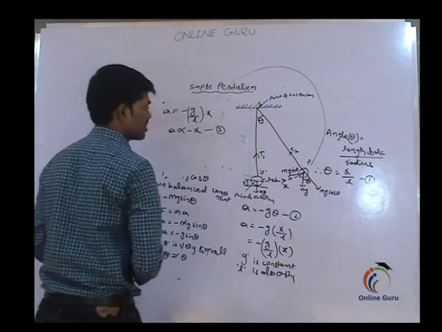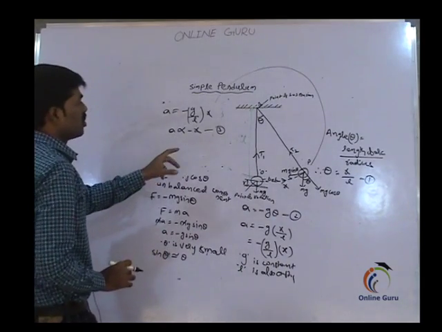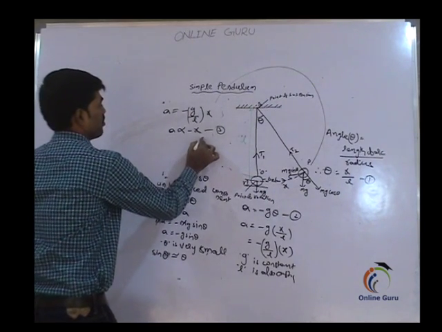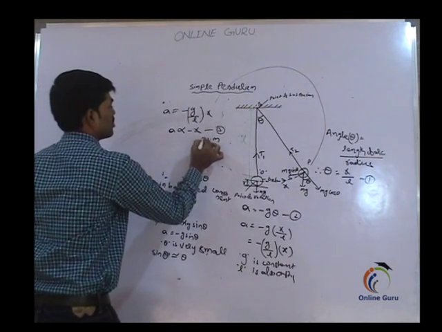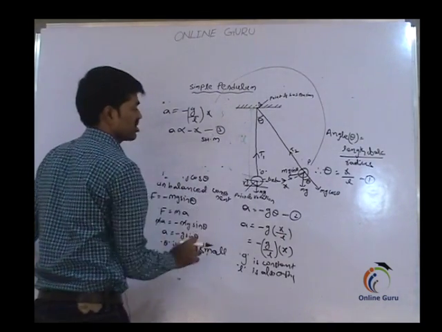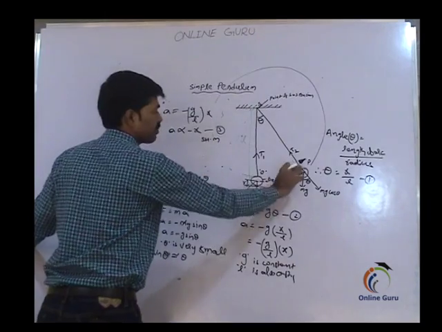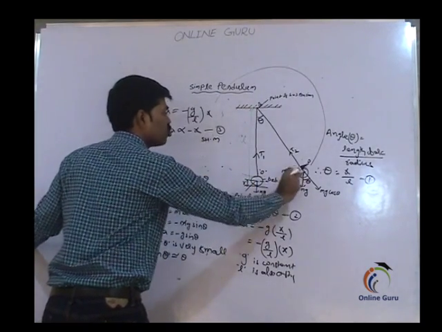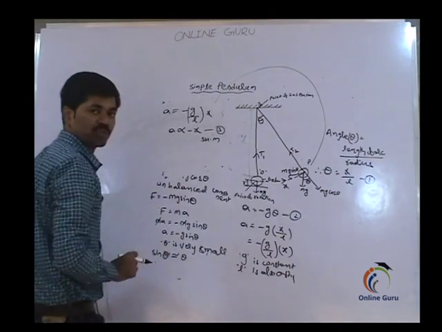Here now the pendulum is in SHM, that is, it is satisfying the conditions of SHM. One, it is a periodic motion. Second, it is a to and fro motion about the mean position.